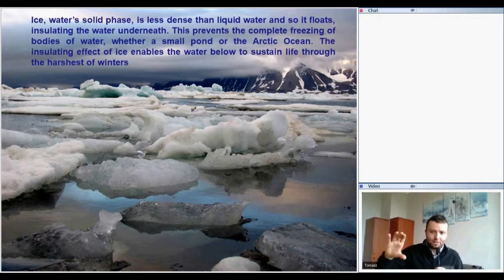So it insulates the water from the cold atmosphere above, and nothing is happening underneath the ice cover. This insulating effect of ice enables the water below to sustain life through the harshest of winters. So during winter, even though it's minus 50 degrees, the water freezes only on top. Underneath, there is liquid water.